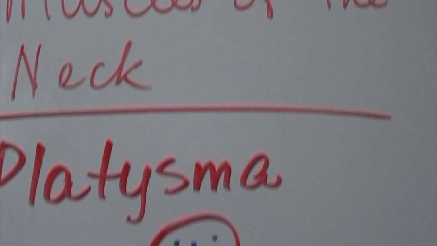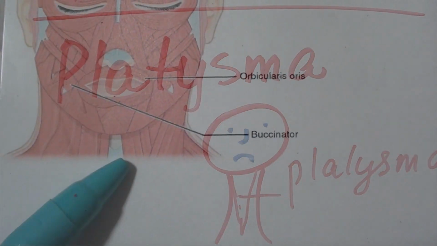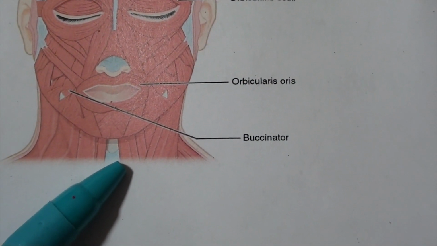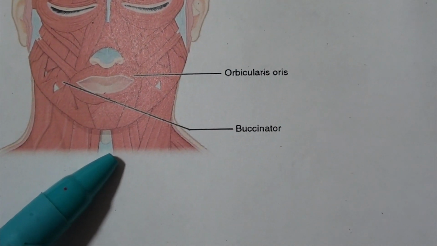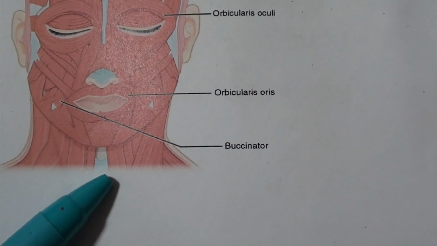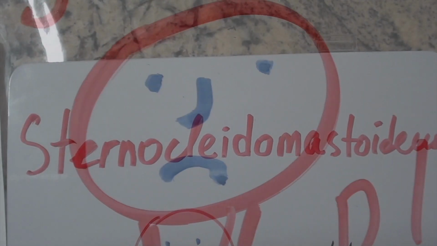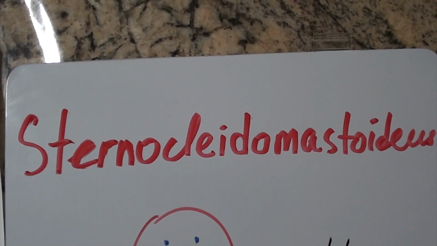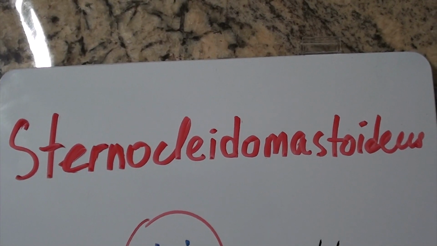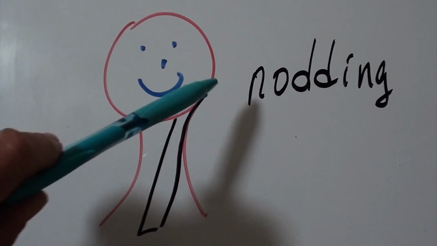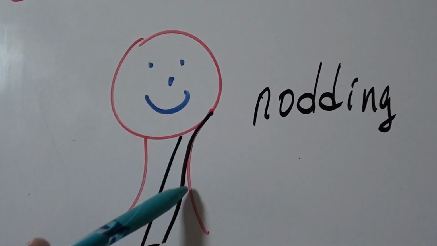Muscles of the neck, platysma. Platysma is a broad muscle that extends from the chest and shoulder muscles to the side of the chin and depresses and lowers the jaw and lip, as in sadness. Extending from collar and chest bones to temporal bones in back of the ear is sternocleidomastoid, a very, very long muscle, goes all the way from the back of the ear to the front.